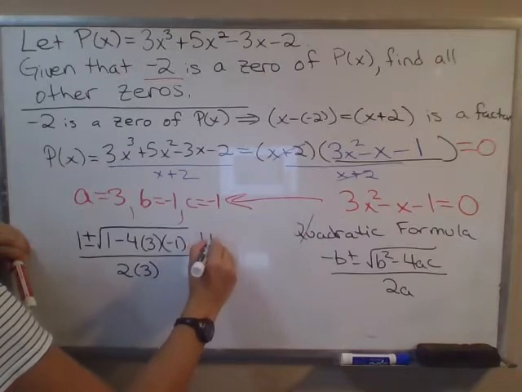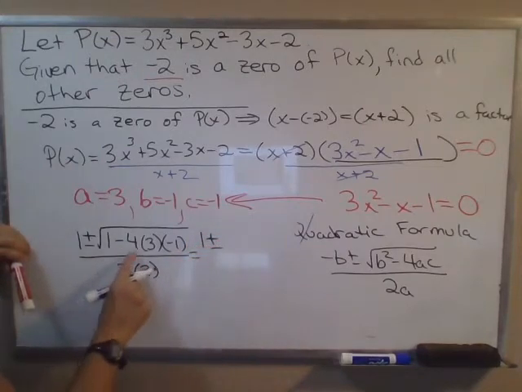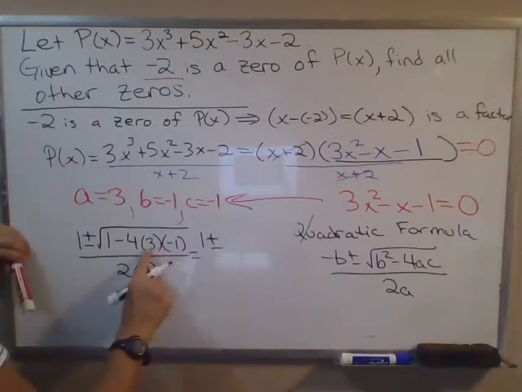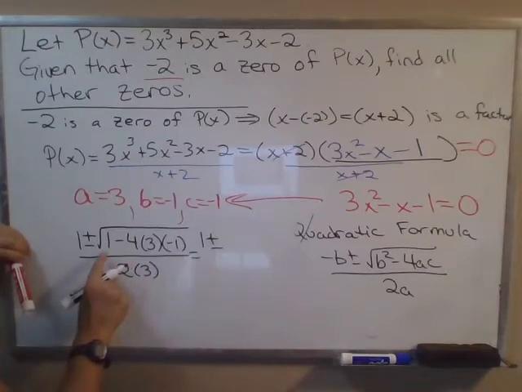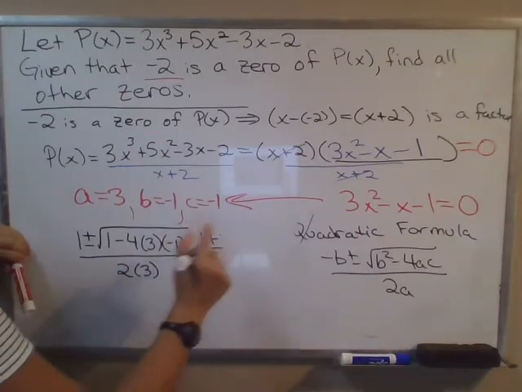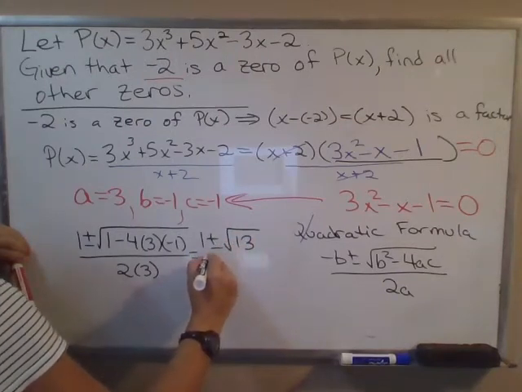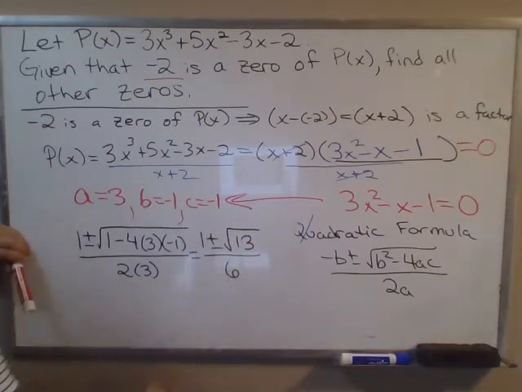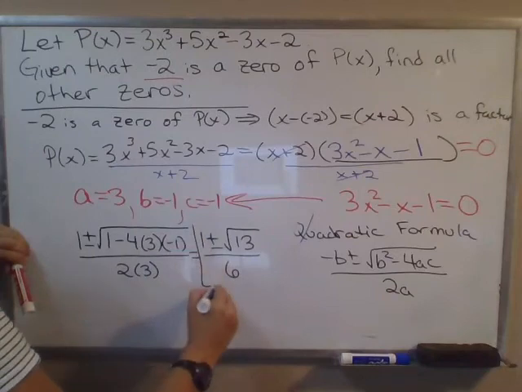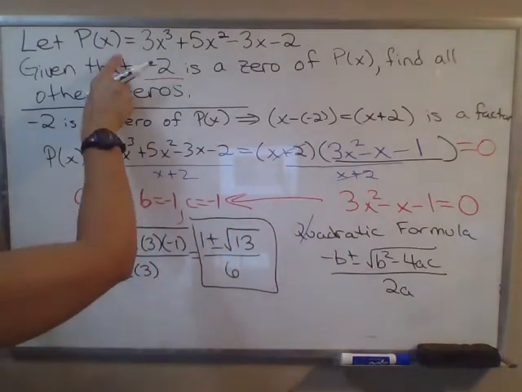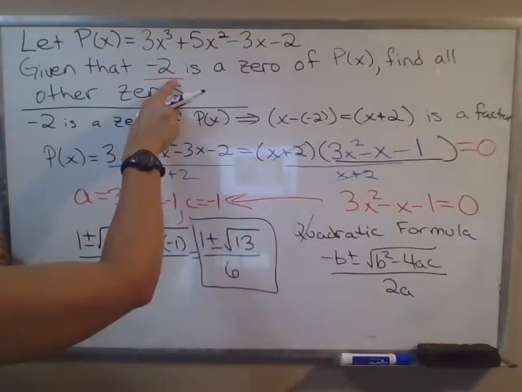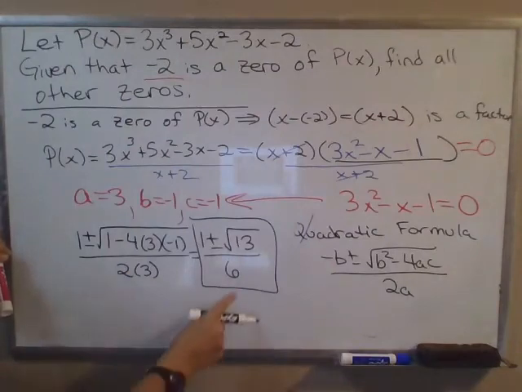So this will be 1 plus or minus, this is -12, right, when you multiply this out. So 1 minus -12, that'll be 1 plus 12, so square root of 13 over 6. And so there are the two remaining zeros. This is a degree 3 polynomial. We were given one zero. We know there are two other zeros, and here they are from the quadratic formula.